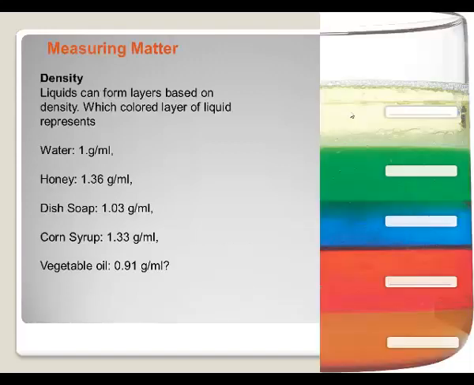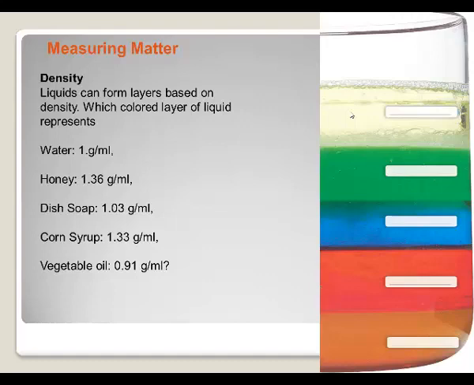So with the information that you have, and looking at this beaker on the right hand side of the screen, we need to know what substance is which in the picture. So probably the best way to go about figuring this out is finding the substance with the lowest density.